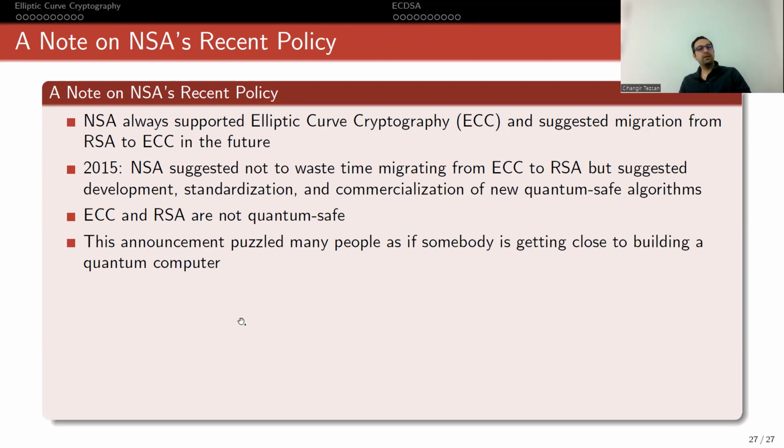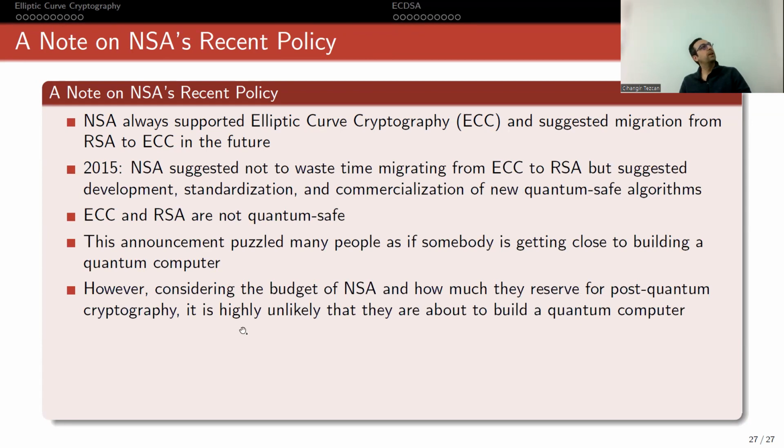This announcement puzzled many people as if somebody is getting close to building a quantum computer. However, considering the budget of NSA and how much they reserve for post-quantum cryptography, it is highly unlikely that they're about to build a quantum computer. IBM constantly increased their capacity, saying that now we have 145 qubits of quantum computers and so on. But there's a huge noise in these quantum computers.